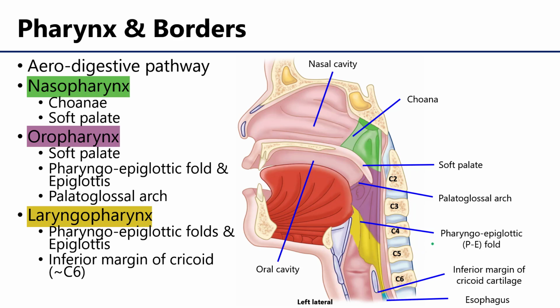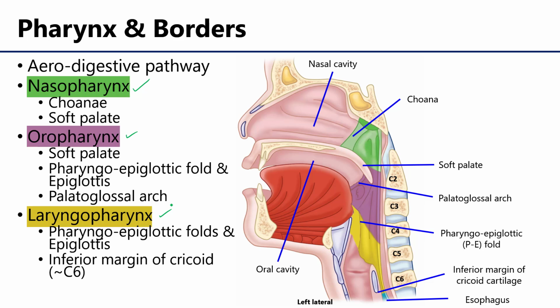The pharynx has three distinct subcomponents: the nasopharynx, the oropharynx, and the laryngopharynx, sometimes referred to as the hypopharynx. So let's take a look at these subdivisions and where they're located.